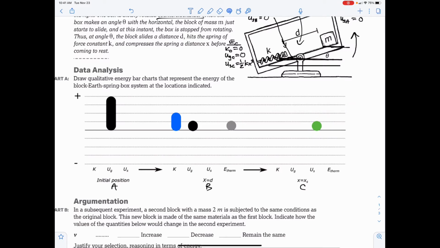Okay, so I have my spring energy going the same. The remaining potential energy I lose right here becomes the spring energy right here.